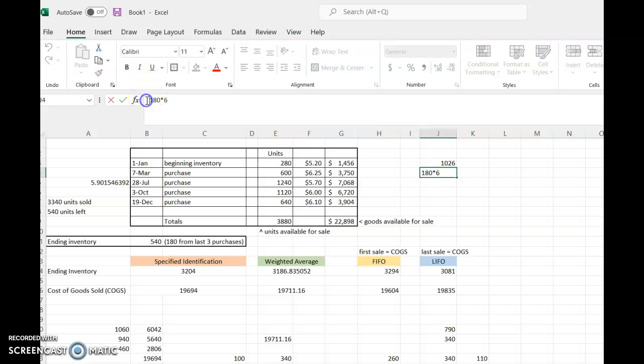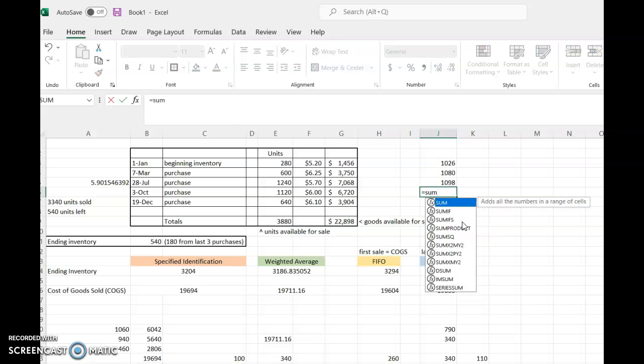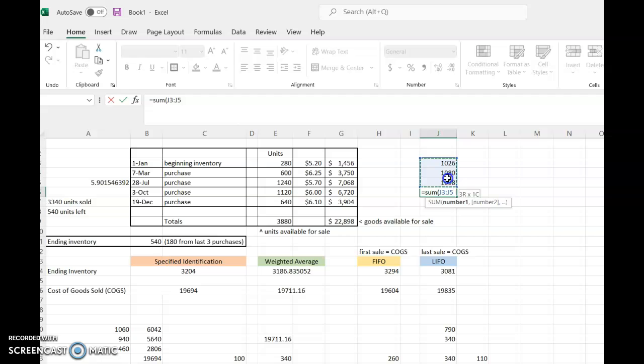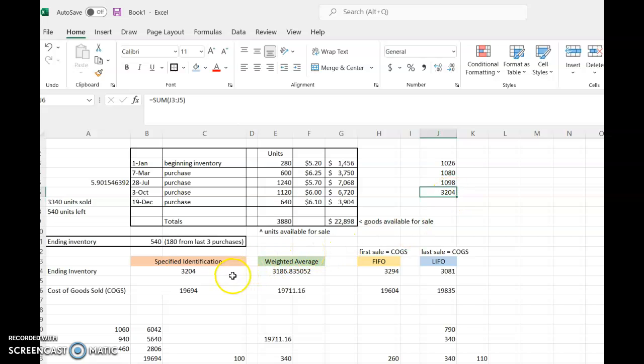I am so bad at forgetting to do the equal sign. Then 180 times 6.1. Then we're going to do a sum of those three inventory dollar amounts to get the ending inventory for the specified identification of $3,204.